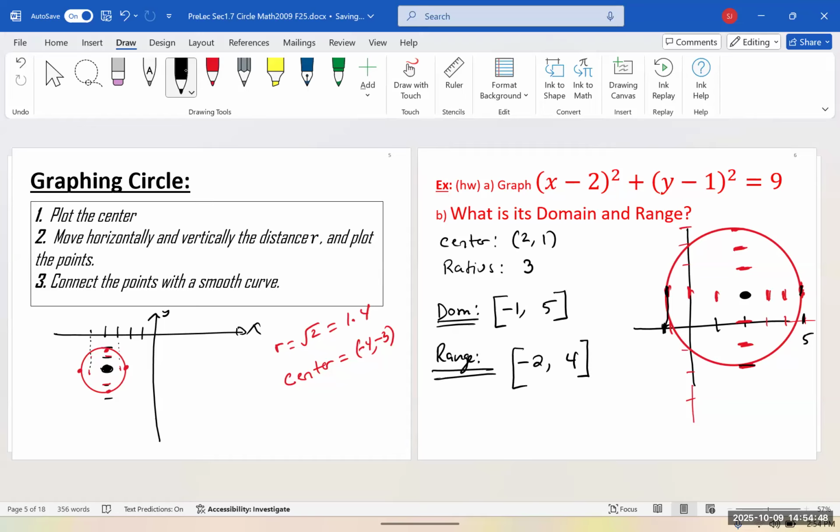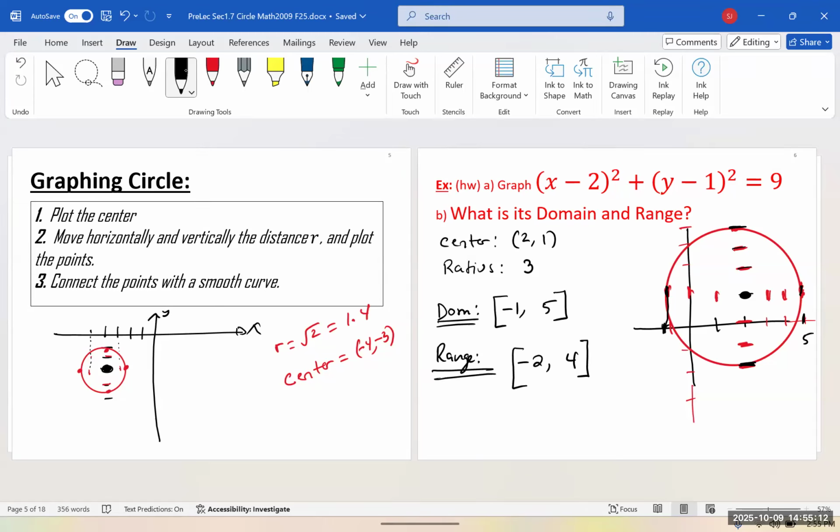So -2 is for this one, 1, 2, 3, 4 is for this one. So for a circle, to find the domain, you go from the leftmost point to the rightmost point. And for the range, you go from the lowest point to the highest point. That's how you find domain and range.